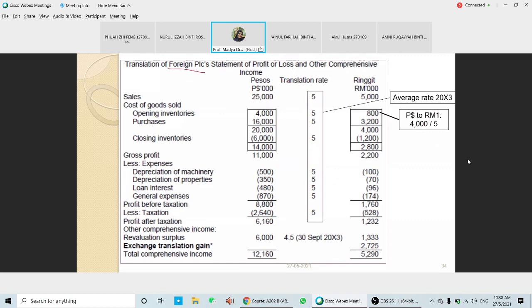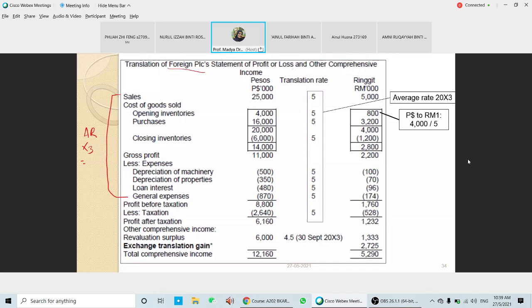We look at the sales here. Remember the items for the income statement, starting from sales until this one, we need to translate using the average rate. The average rate for X3 here is what you have here: 5 peso to 1 Malaysian ringgit.